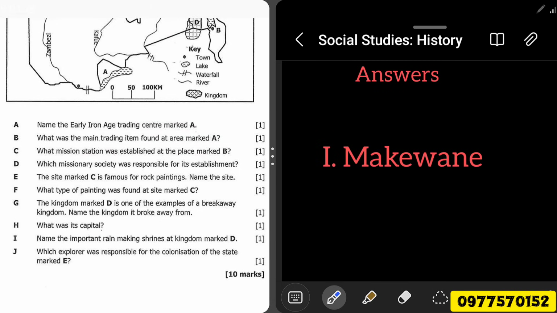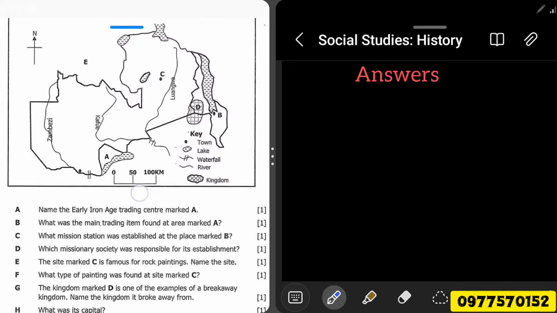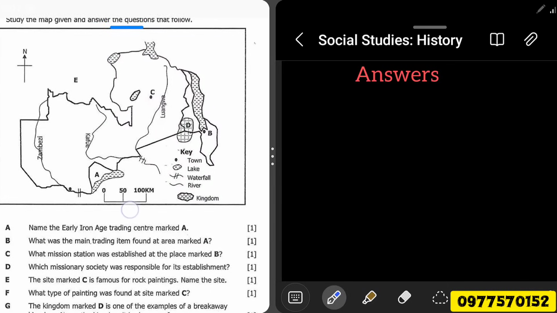J. Which explorer was responsible for the colonization of the state marked E? Let's look at state E. That is Congo.